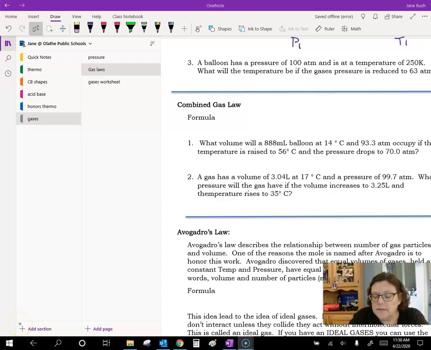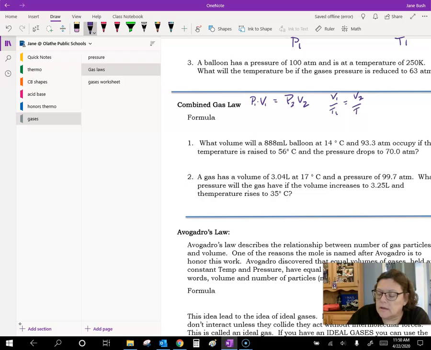All right, if we put together those laws, we come up with what we call the combined gas law. We know that Boyle's law said that pressure and volume vary inversely. We know that Charles' law said volume and temperature vary directly.